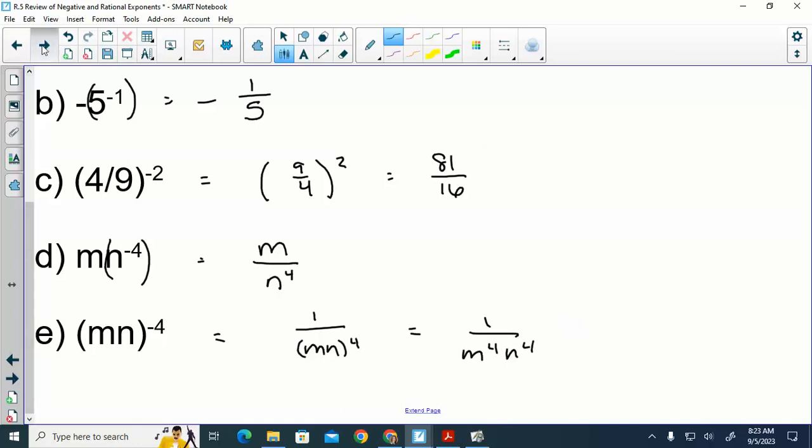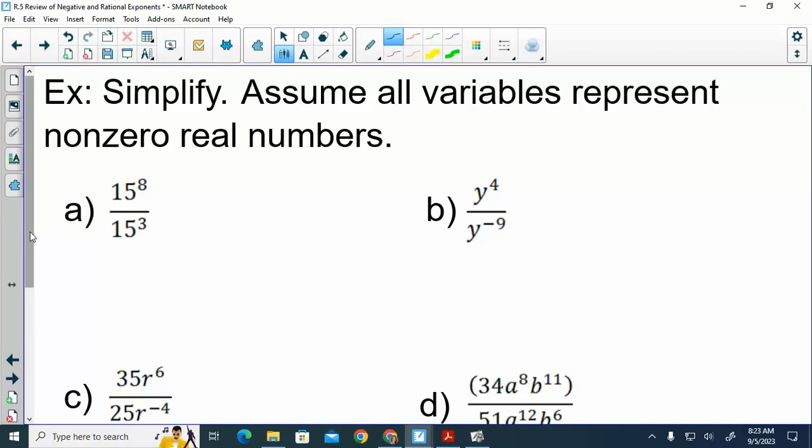Let's go a little further. So let's start simplifying some uglier looking things. So first, if I didn't want to grab a calculator, I would have to do something with this.